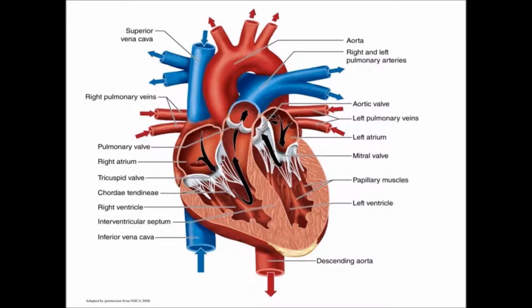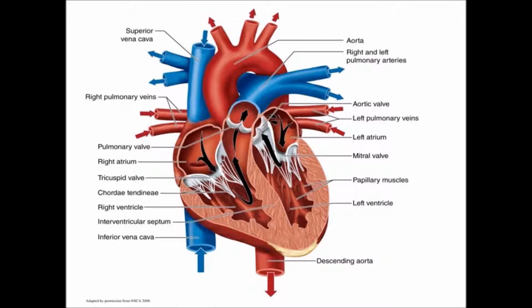So from the lungs, the blood receives oxygen, and that oxygenated blood will return back to the heart via the pulmonary veins. From the pulmonary veins, the blood will enter into the left atrium.